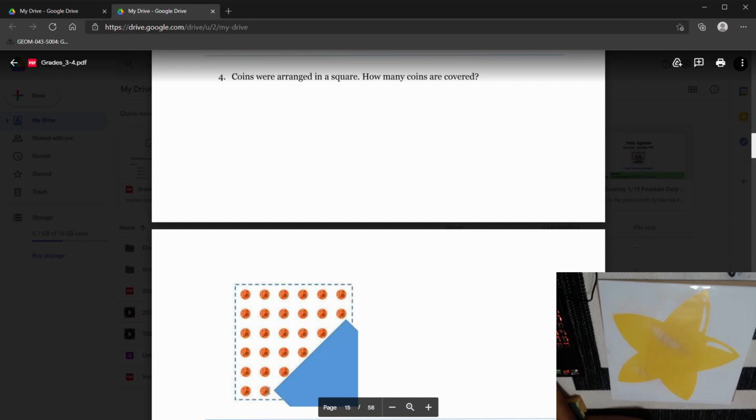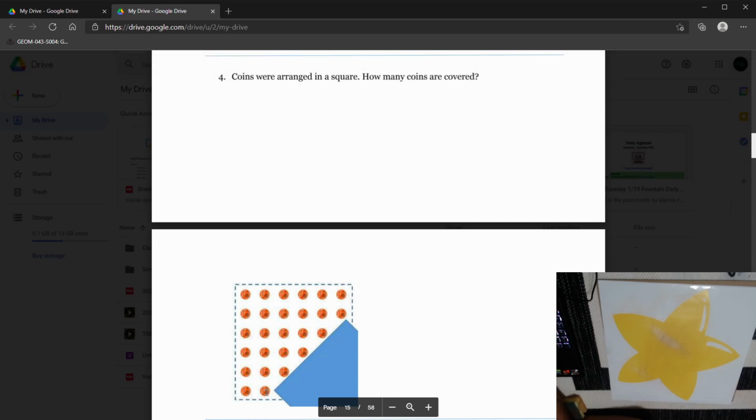So over here, there is 1. How I solved this problem was, here there's 1, and then 2, and then 3, and then 4, and then 5 coins. So 5 times 5, which is 25. So that means that the area of these squares is 25.